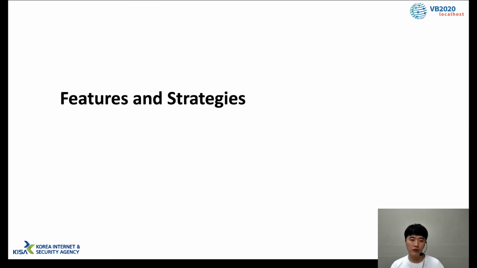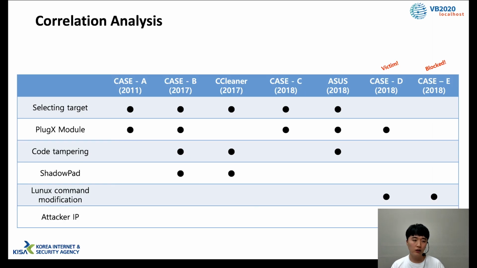We have been continuously analyzing supply chain attacks that occurred in South Korea. We have also gathered information about CCleaner and ASUS incidents that took place overseas in an open report. As this table shows, each supply chain attack had 2 or more common factors. We summarized these attacks in 6 characteristics.